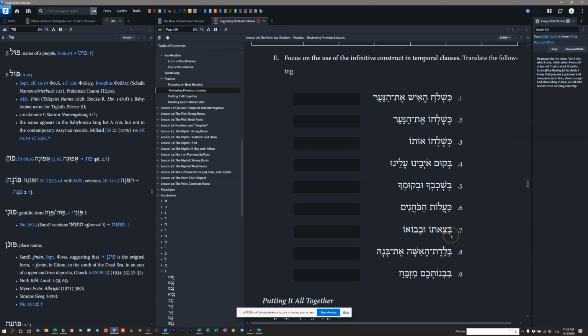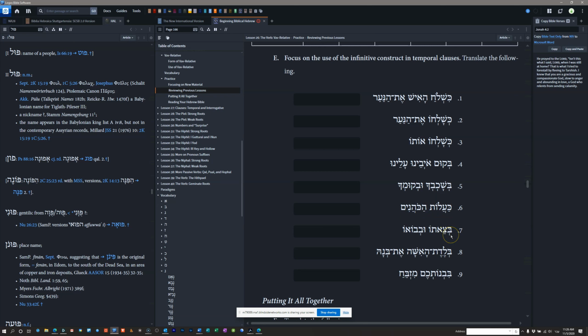So basically, when the man wrote the book. And it will happen that when the man writes the book. So this now becomes future. So all this does is it sets the time. When the man wrote the book, when the man writes the book, or will write the book.